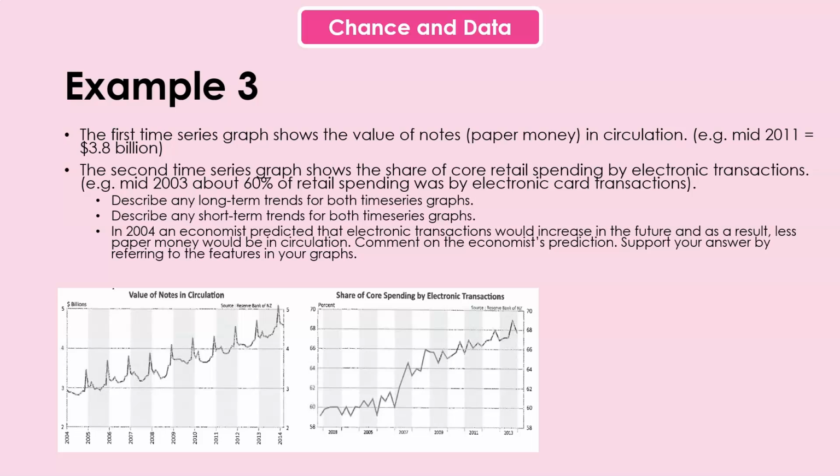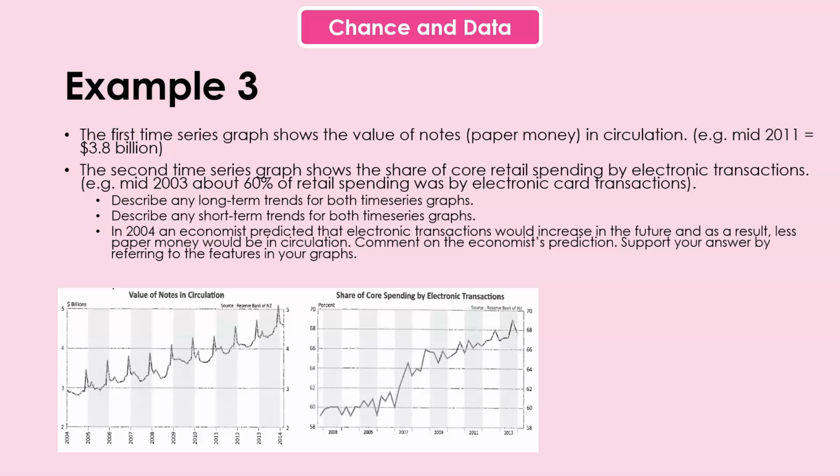Describe any long-term or short-term trends for both time series graphs. And then the third question is, in 2004, an economist predicted that electronic transactions would increase in the future, and as a result, less paper money would be in circulation.